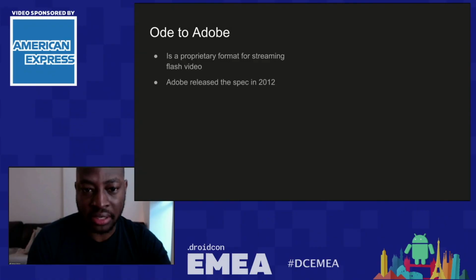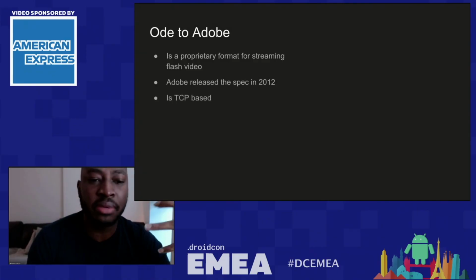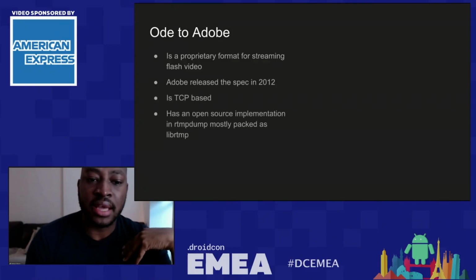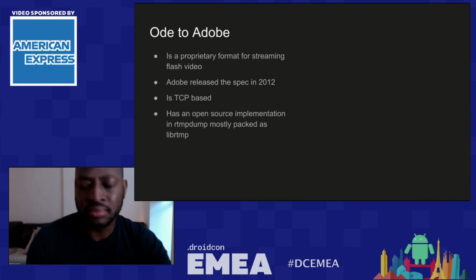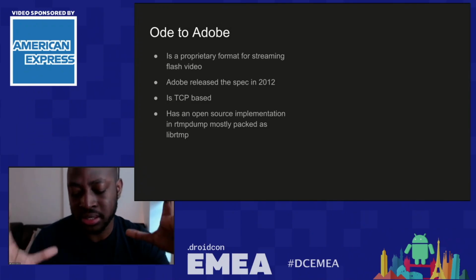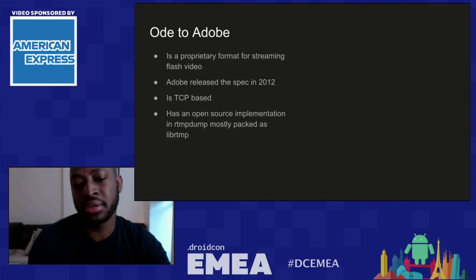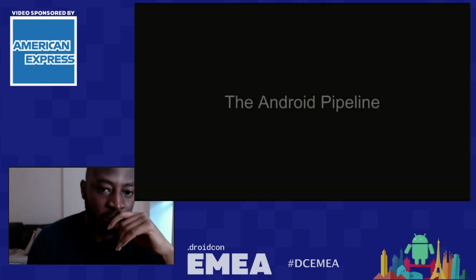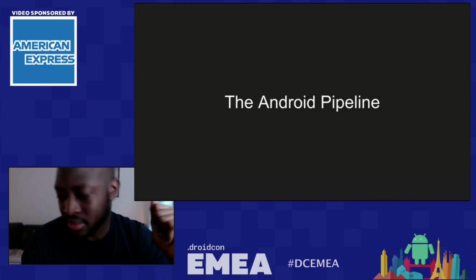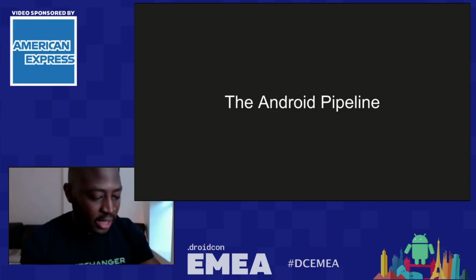Adobe released this spec in 2012. It's TCP based, and it has an open source implementation called RTMPDump. But if you actually wanted to use it as a library, it's mostly packed in a C++ library called librtmp.